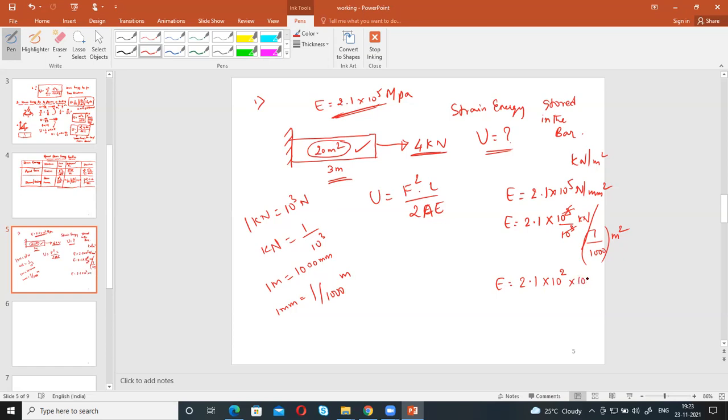So it will become 10 power 6 if it comes above. See, check this.